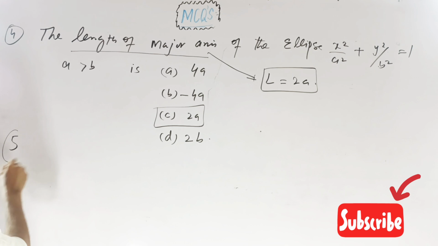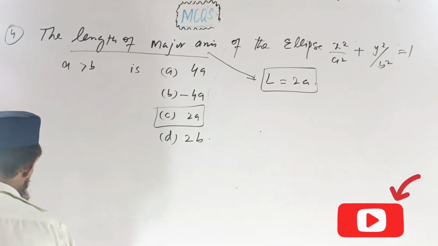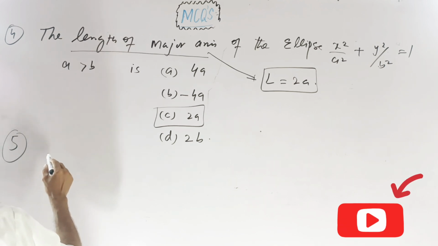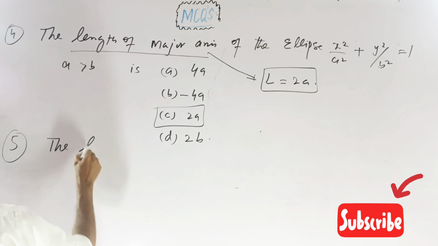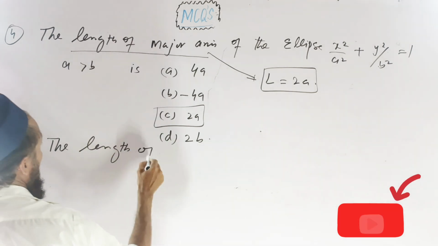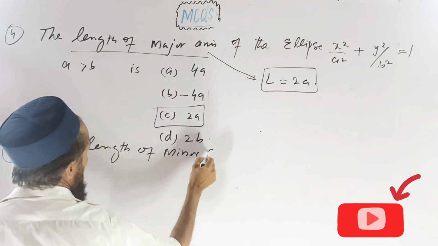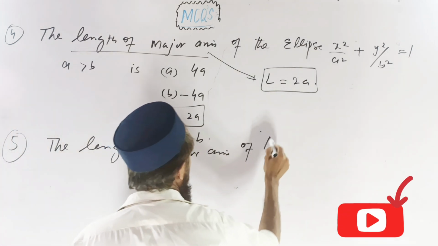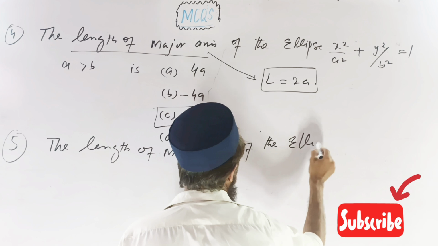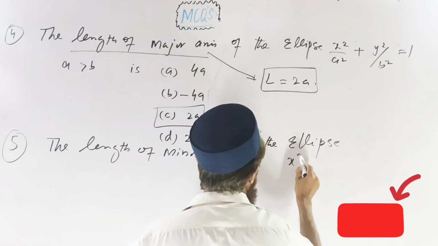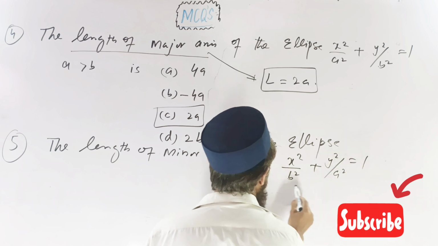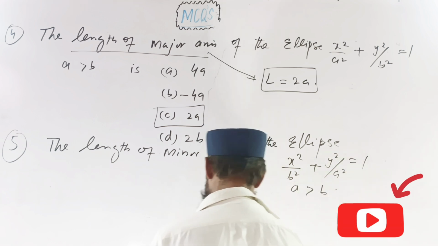And question number 5, the length of minor axis of the ellipse x square divided by b square plus y square divided by a square is equal to 1, where a is greater than b.